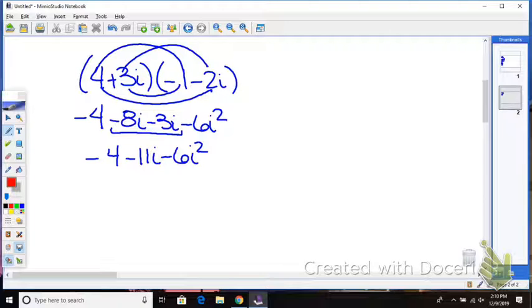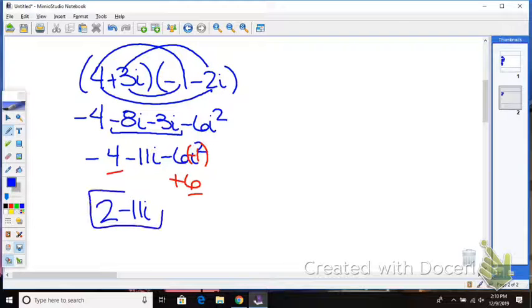So I really have a negative 6 times a negative 1 here, which gives you a positive 6. And then what can you combine the positive 6 with? The negative 4. So I have a 2 minus 11i. Pretty easy.